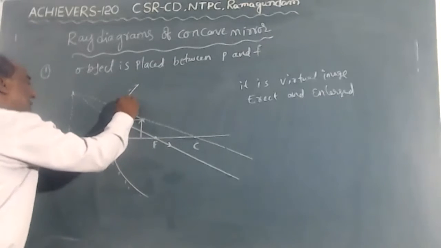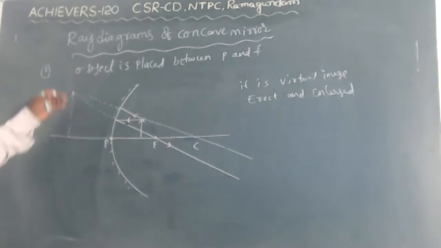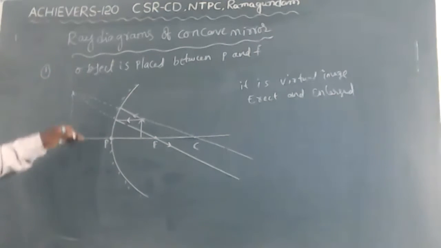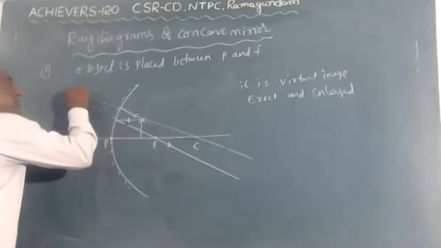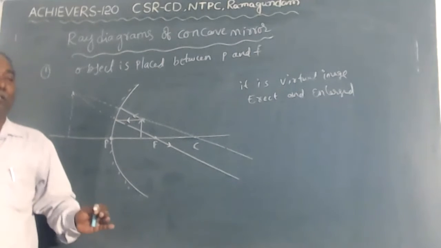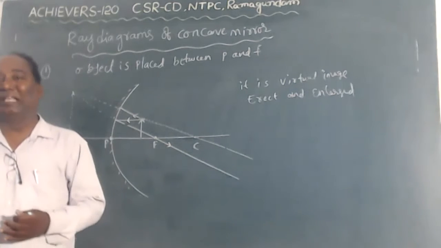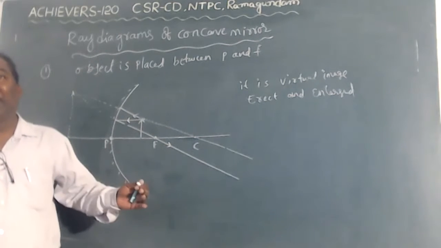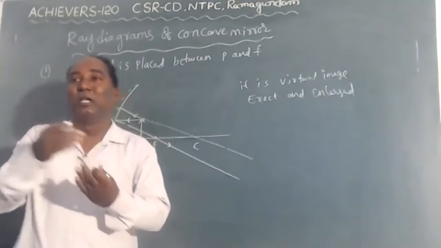Now we have to extend the two reflected rays backward; where these two reflected rays intersect, that is the image point. According to the question, the reflected rays intersect behind the mirror. It is a virtual image. Virtual image means the image cannot be caught on a screen. A virtual image forms in a convex mirror and also in a concave mirror.